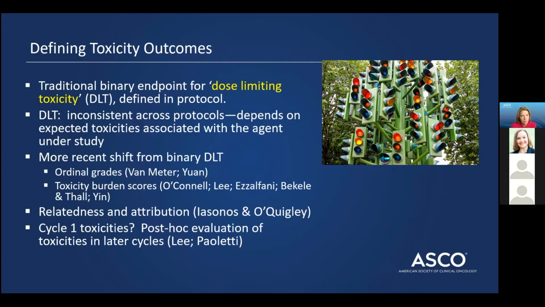The idea here is that patients can have multiple different toxicities, and having just one DLT versus multiple of them potentially should have more weight and be represented as more serious than having a single event that would count as a DLT. So Nate O'Connell, Xing Li, and others have spent time working on these toxicity burden scores that of course have to be done in consultation with clinicians to understand the severity of different adverse events and how they would contribute to an overall score.